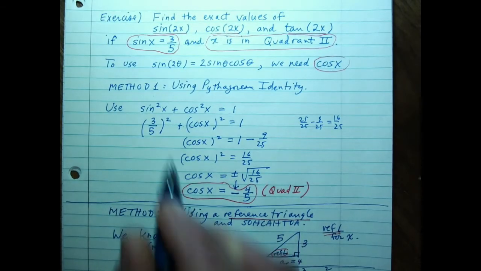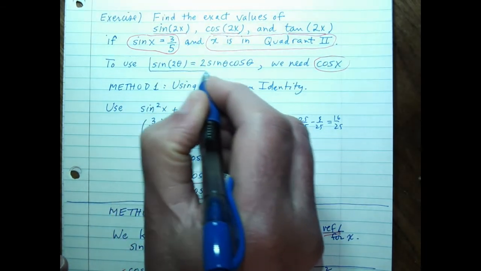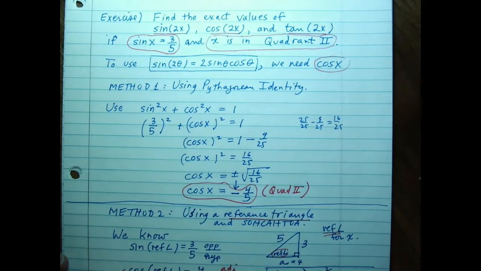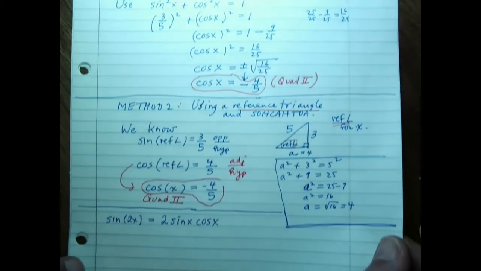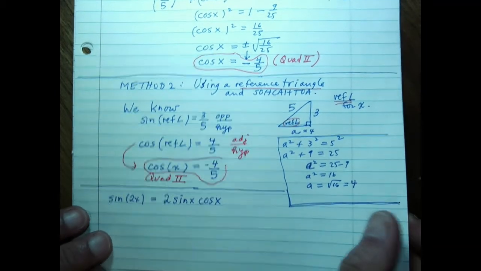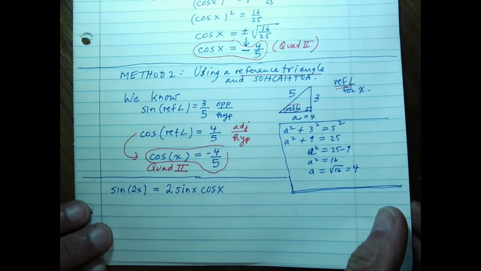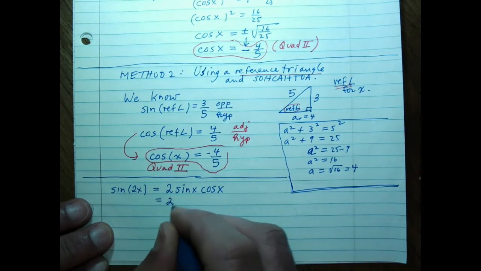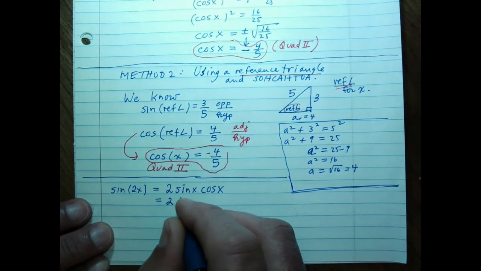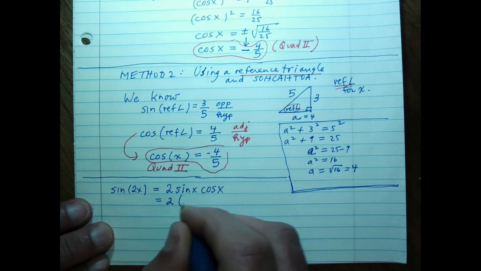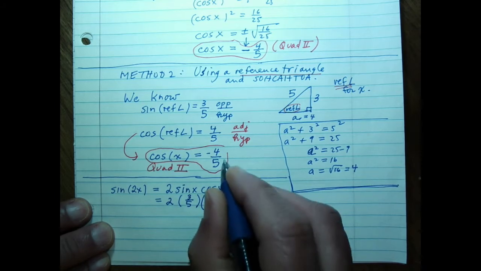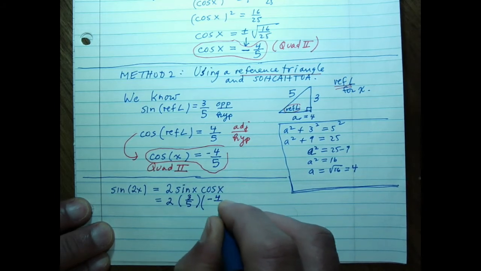I'm just copying down my double angle identity for sine, which comes in only one form, and I wrote x's because x is the input in our problem. Now I'm going to plug in my values. 2 times sine x, that was given right at the beginning, 3/5. We didn't have to figure that out. And cosine is negative 4/5.